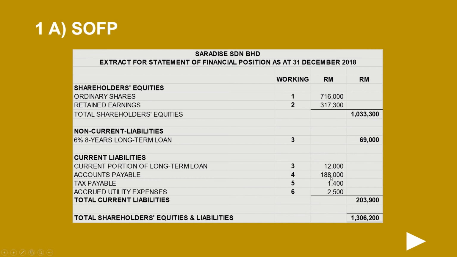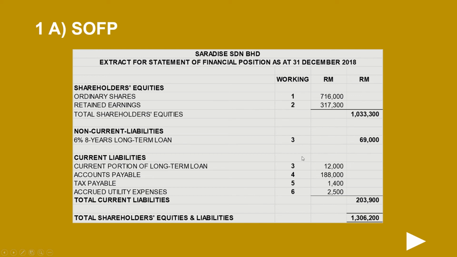Accounts payable 188,000. Tax payable 1,400. Accrued utility expenses 2,500. Total current liabilities 3,900, and total shareholders' equity and liability equal to 1,306,200, which is also equal to the total assets.